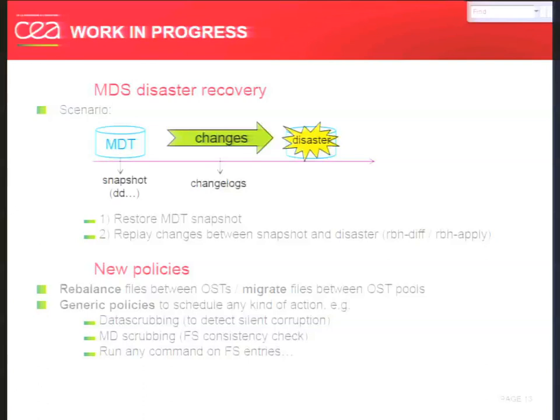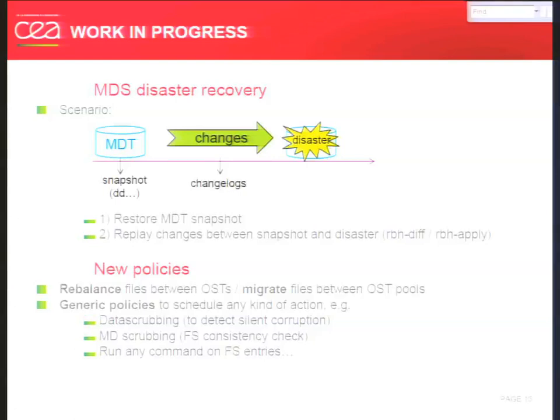So we've got new features which are not yet there but will be available soon. One is disaster recovery. For example, you will be able to snapshot the MDT, which is common in Lustre right now, and ROBINHOOD will still be up to date in its database following changelogs.